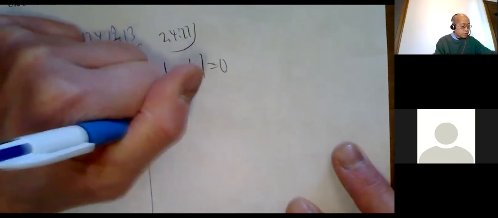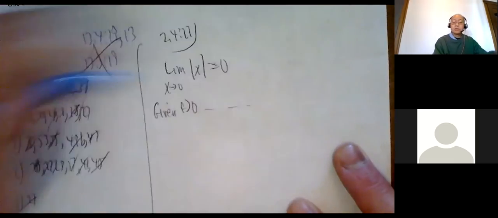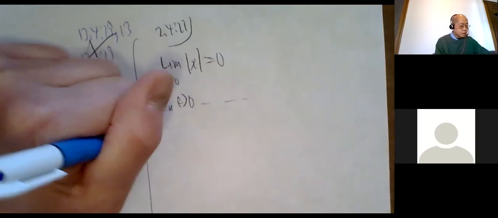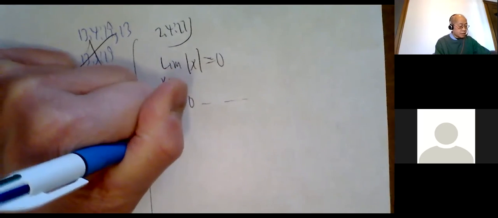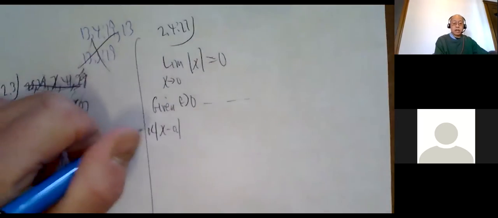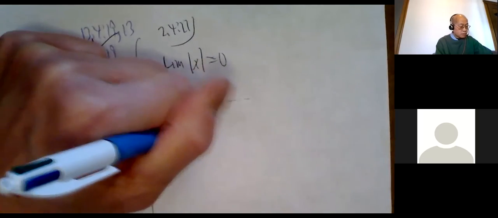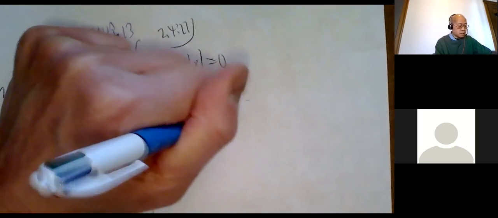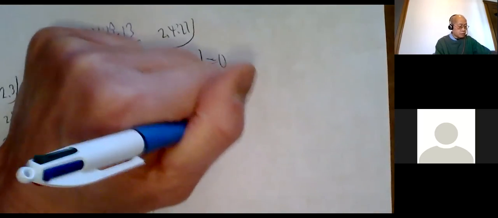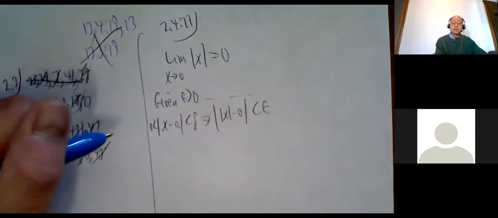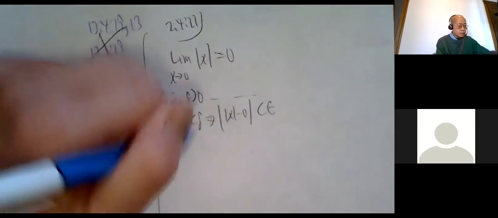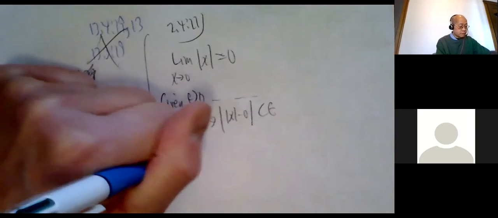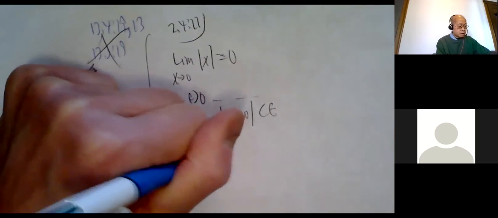All right, so this one. Given epsilon greater than 0, blah, blah, same language. 0 less than absolute value of x minus a less than delta implies absolute value of the function minus the limit is less than epsilon. Okay, absolute value of x minus 0 less than epsilon.